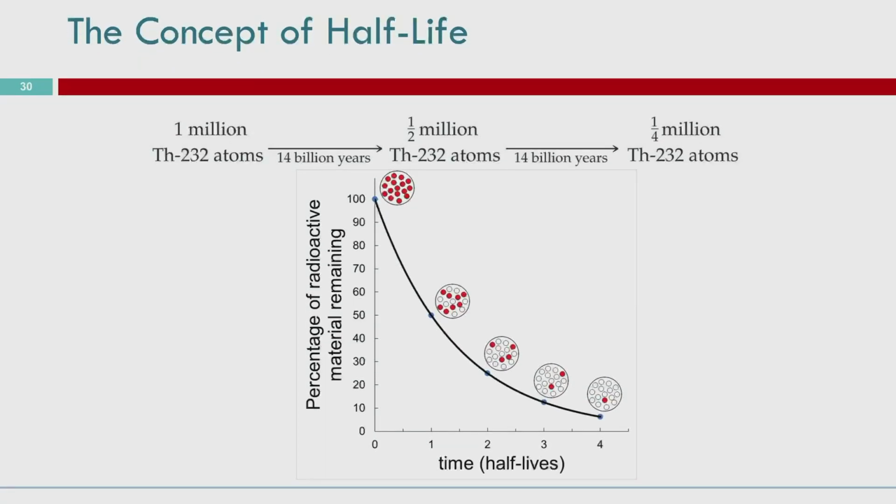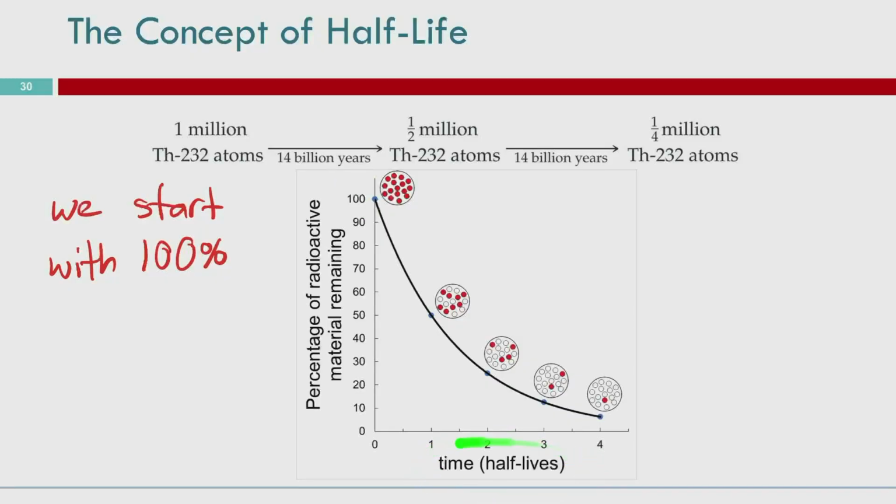And this is what half-life looks like on a graph. So our graph here, we're graphing on the y-axis the percentage of radioactive material remaining. We start with 100%. Whatever the amount is, it could be grams, it could be atoms, it could be moles, but whatever we started with, it's 100%.